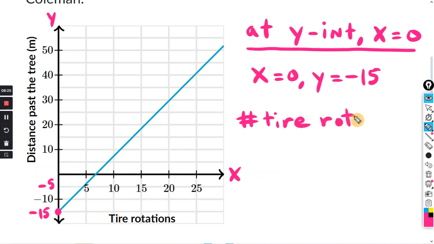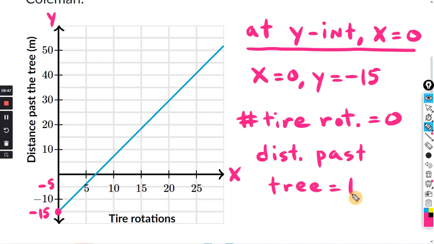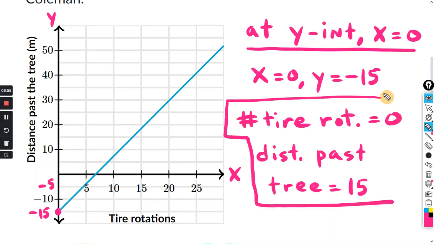And y is negative 15. Y is distance past the tree. So distance past tree equals negative 15. I got these two items from the y-intercept. The number of tire rotations is 0 and the distance past the tree is negative 15.